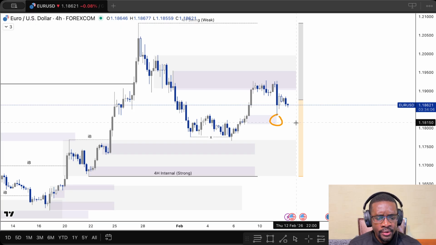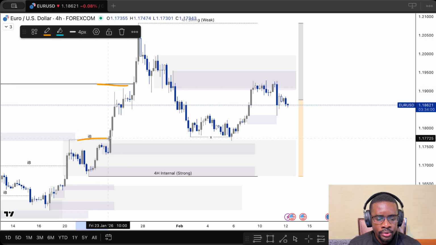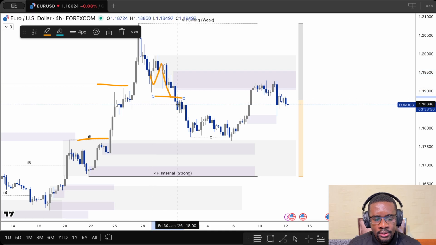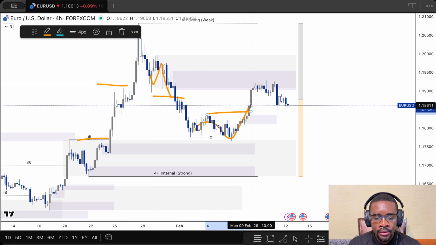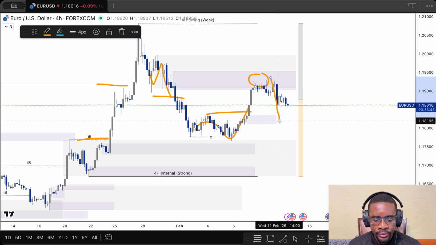On the 4-hour, in terms of structure, we're bullish swing, bullish internal, and we've been in this pullback phase. Then sub internal switched bullish, and we've mitigated this and had a reaction.